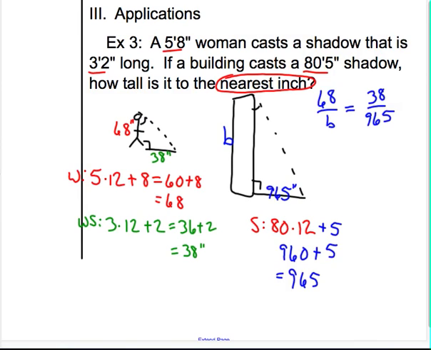So when I solve this to cross multiply, I get 68 times 965, which gives me 65,620. And yes, you can use a calculator on that. And then 38 times b. So to solve for b, we'll divide both sides by 38.